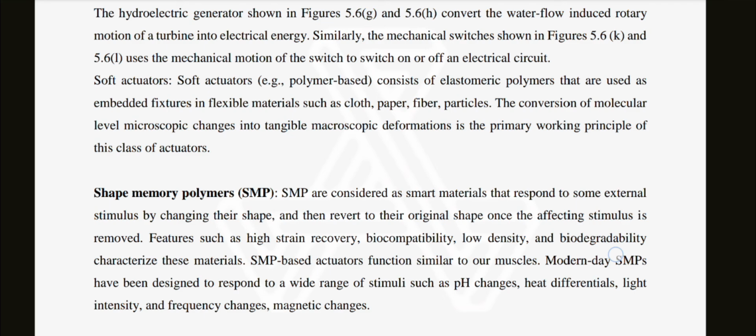Soft actuators. Soft actuators, for example polymer based, consist of elastomeric polymers that are used as embedded fixtures in flexible materials such as cloth, paper, fiber, particles. The conversion of molecular level microscopic changes into tangible macroscopic deformations is the primary working principle of these classes.